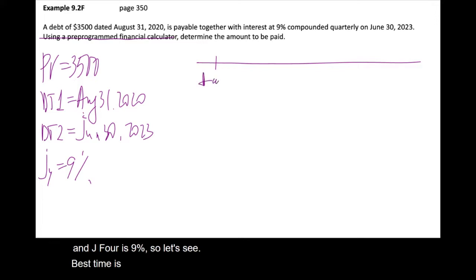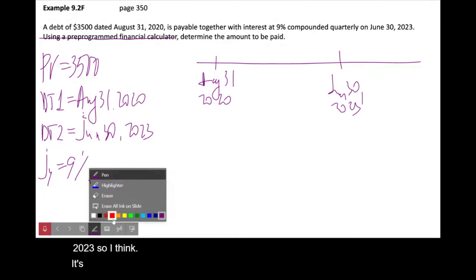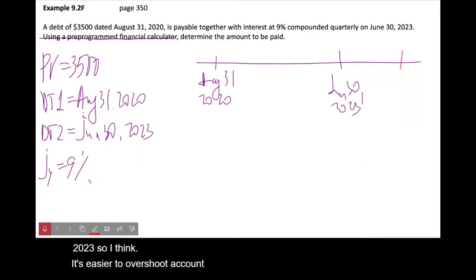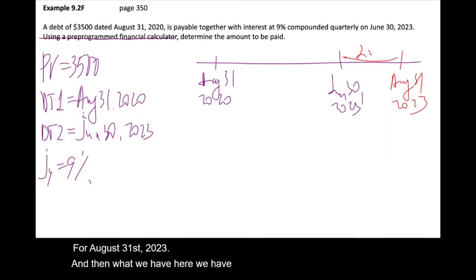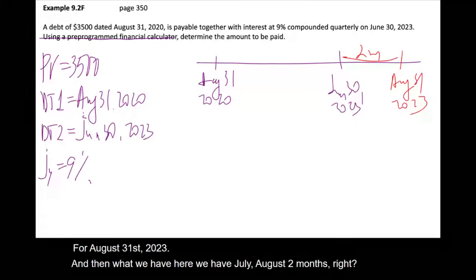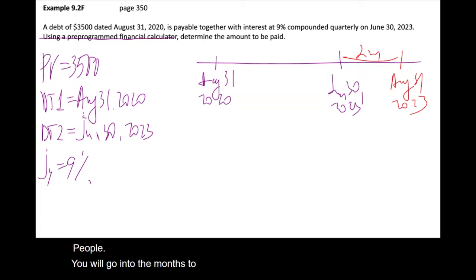So let's work with time first. August 31st, 2020 to June 30th, 2023. I think it's easier to overshoot the count, right? Here to August 31st, 2023. And then what we have here, we have July, August, 2 months, right? People, we're going end of the month to end of the month, basically.